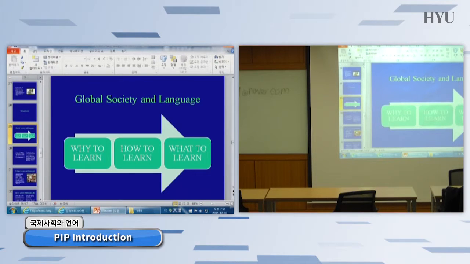So we need to continue to study standard English. In this regard, there is a keyword, intelligible. In other words, we are learning standard English so that we are intelligible.